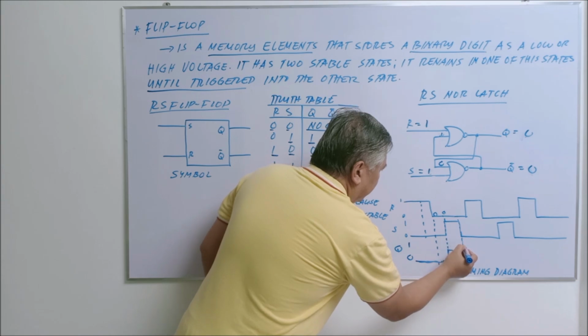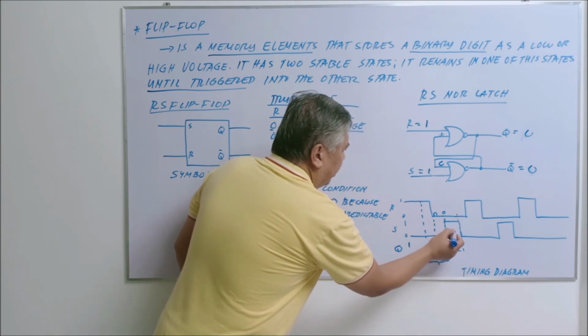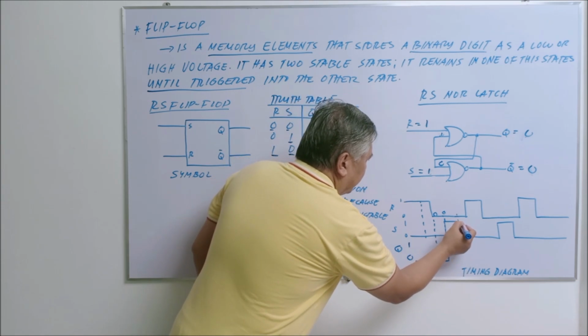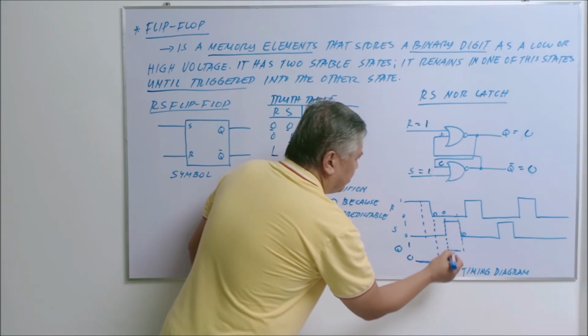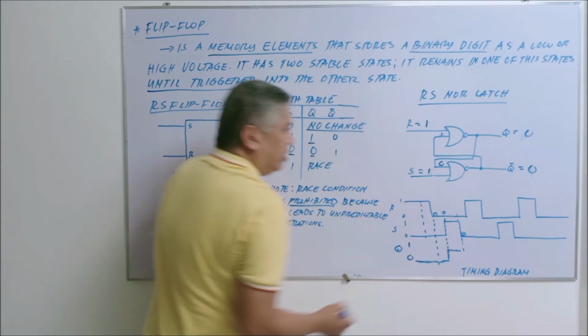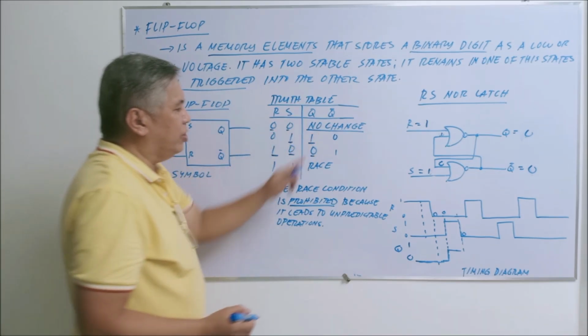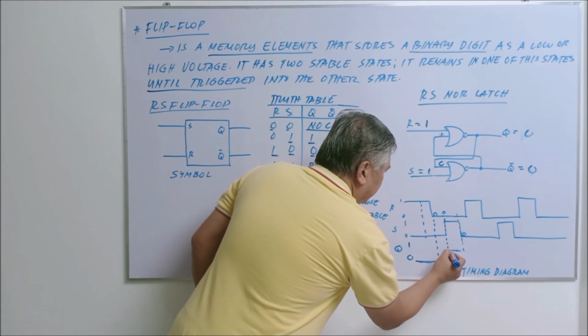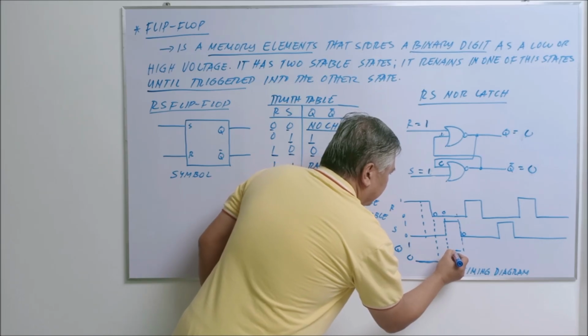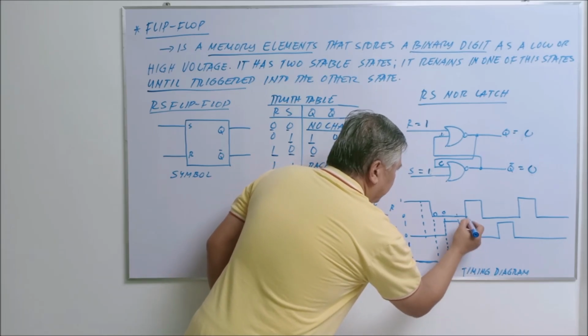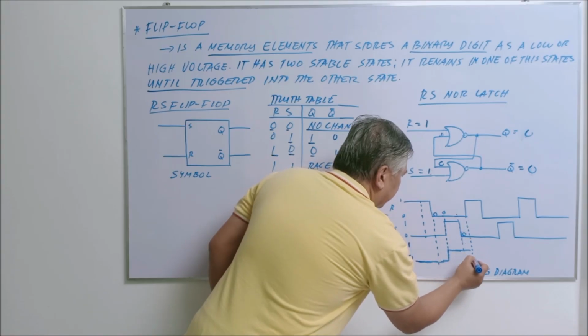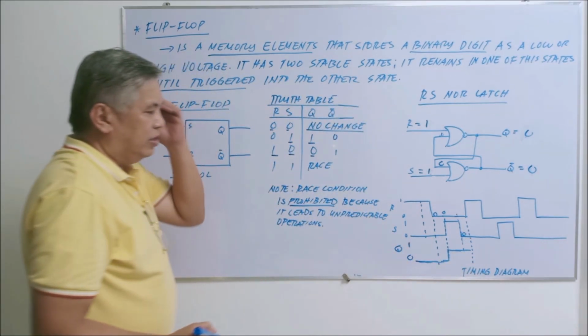Then, here, the value of your S changes from 1, it goes down to 0. So, the values now of R and S are both 0. If both are 0, again, no change condition. So, if the last value of your Q is 1, then it remains 1 until this particular area here is reached.